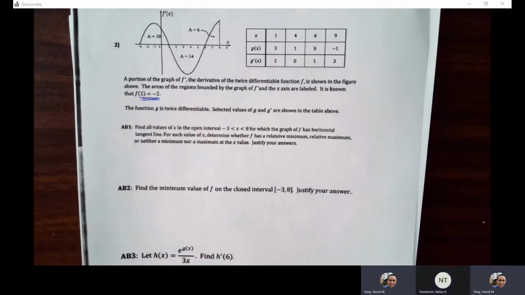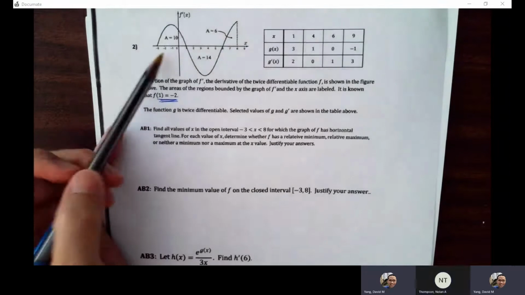At least x to the second power. Selected values of g and g prime are shown. Find all the values of x on the open interval from -3 to 8 for which the graph has a horizontal tangent line. For each value of x, determine whether f has a relative max or relative min, or neither.